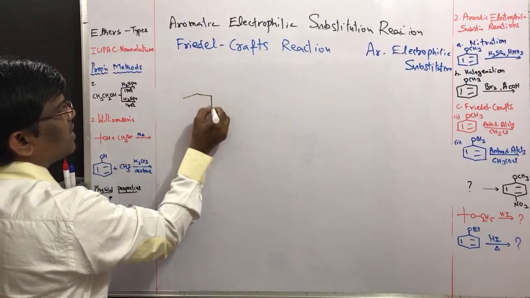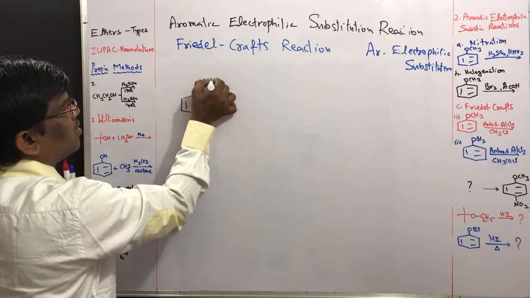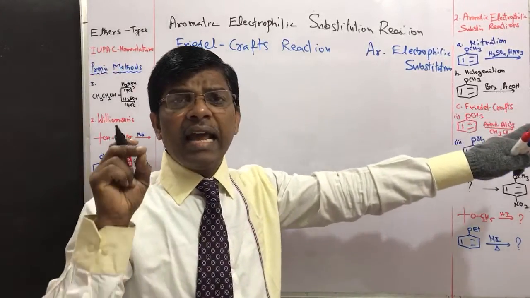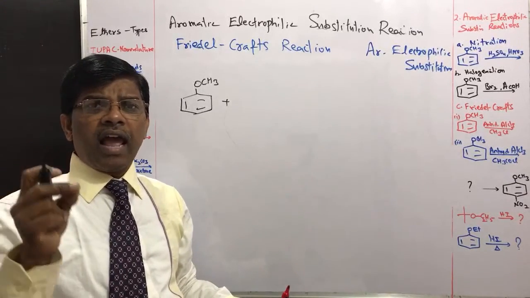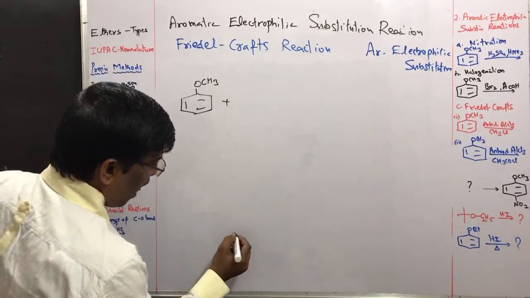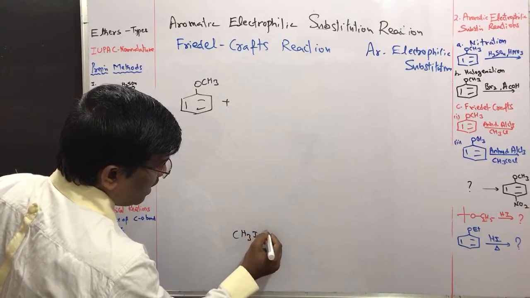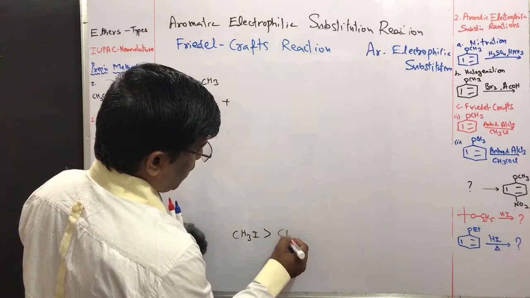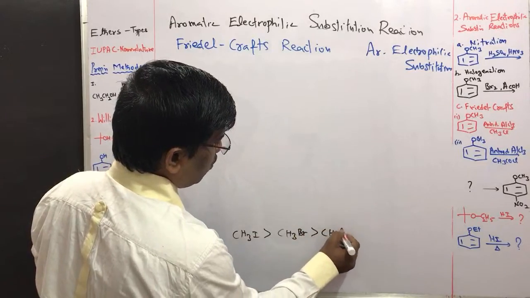What is alkylation? Let us take anisole, OCH3, plus an alkyl halide. It can be bromide, chloride or iodide. Under Friedel-Crafts alkylation, if I take methyl iodide, it gives better yields compared to methyl bromide, which is better than methyl chloride.